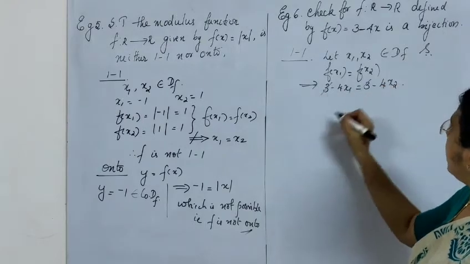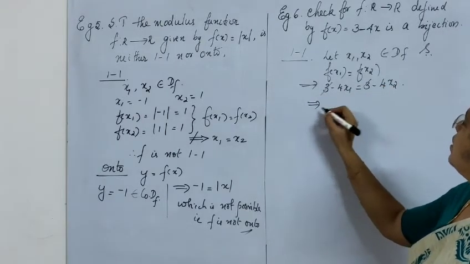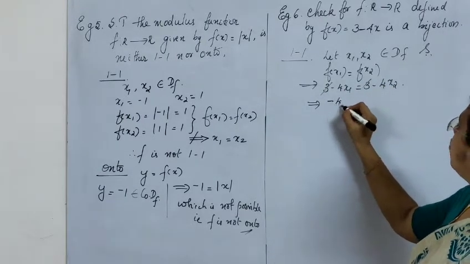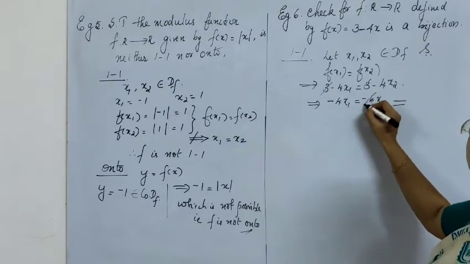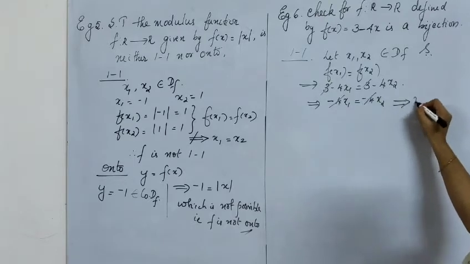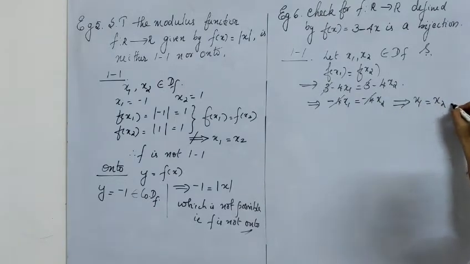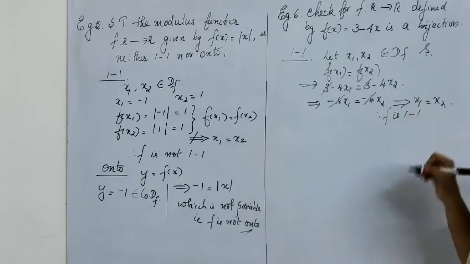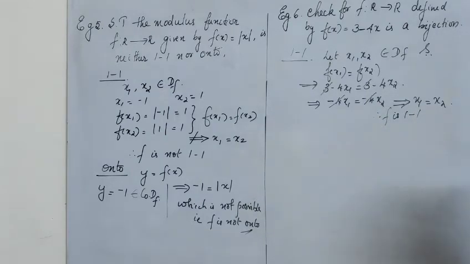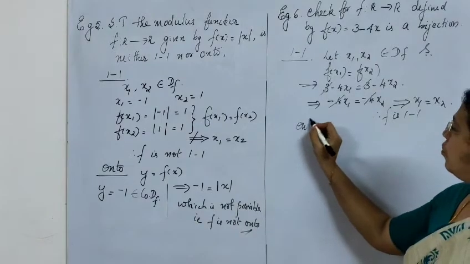So 3 and 3 cancel, which implies minus 4x1 is equal to minus 4x2. Further, minus 4 cancels, this implies x1 equals x2. Therefore f is 1-1.